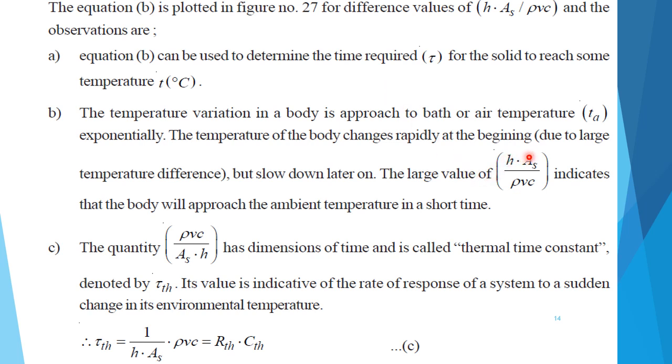Now if the value of hA divided by rho Vc is large, in that case the body will approach the ambient temperature in a short time, meaning the body will quickly reach the ambient temperature.